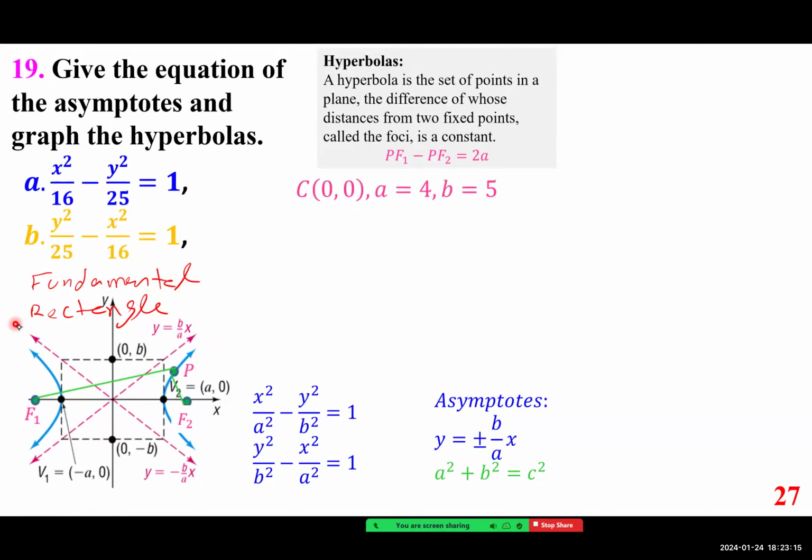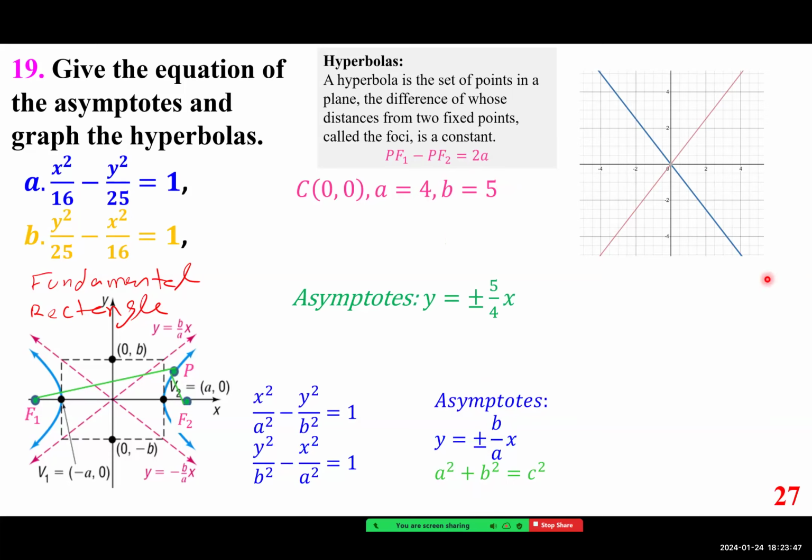So in this case, for both of them, the center is at 0, 0. For both of them, a is 4 and b is 5. Therefore, for both of them, the equation of the asymptote is y equals plus or minus b over a, 5 over 4 x.